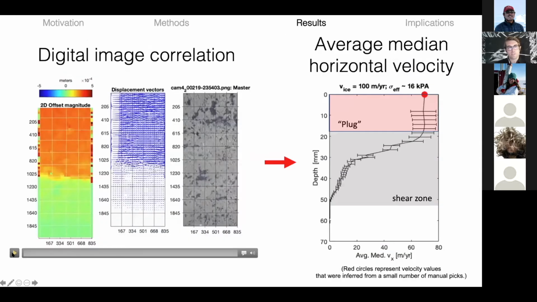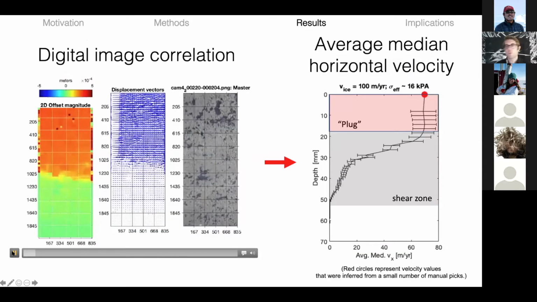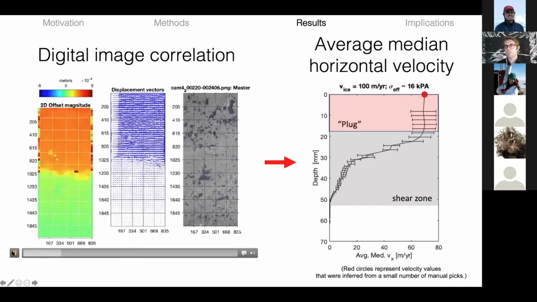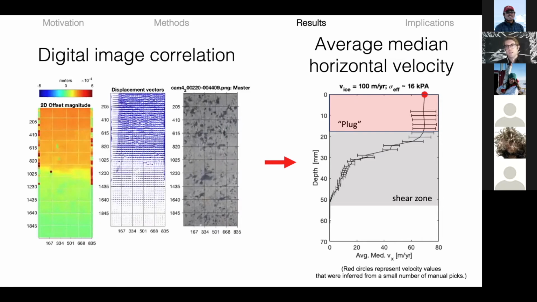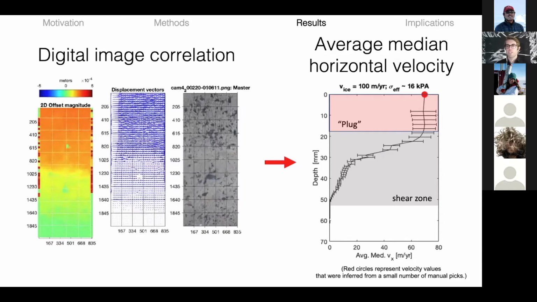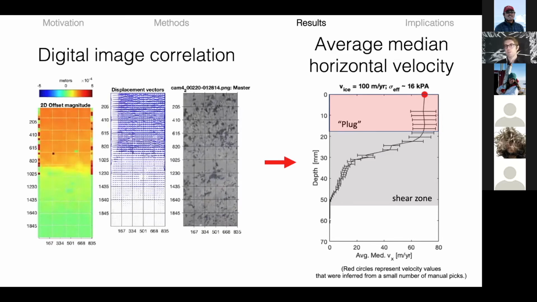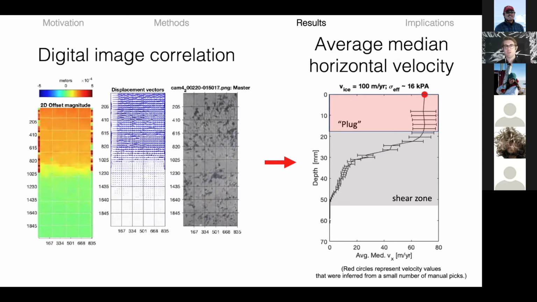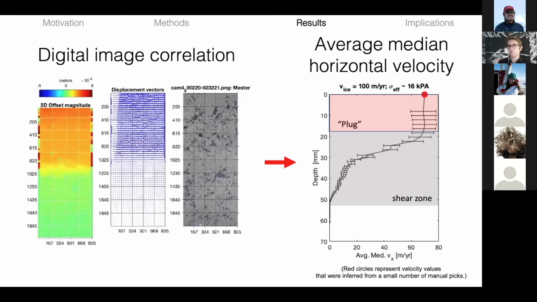To quantify deformation, we use a technique called digital image correlation, which is able to compute displacement between an image pair with an algorithm that splits up an image into predefined windows and then searches the second image for the zone of maximum correlation.